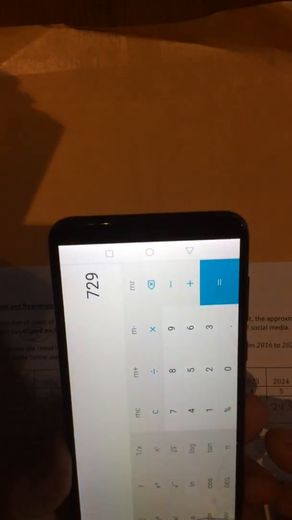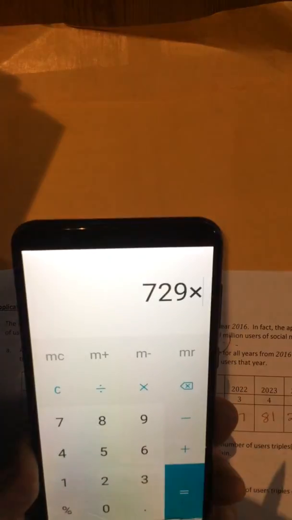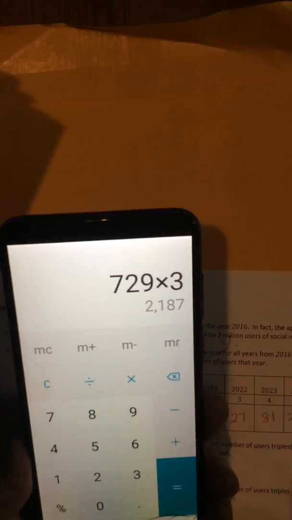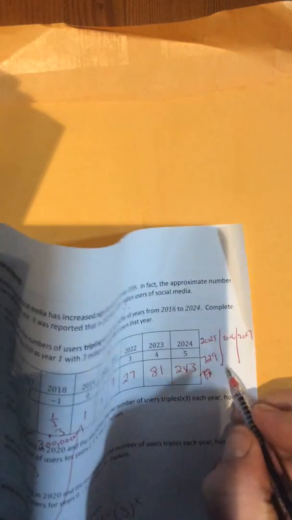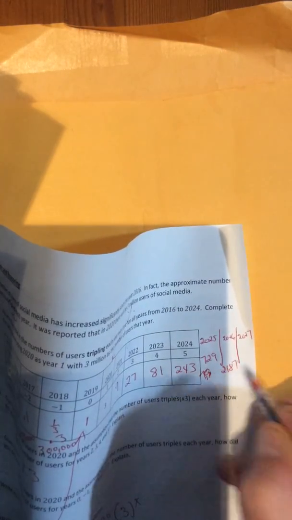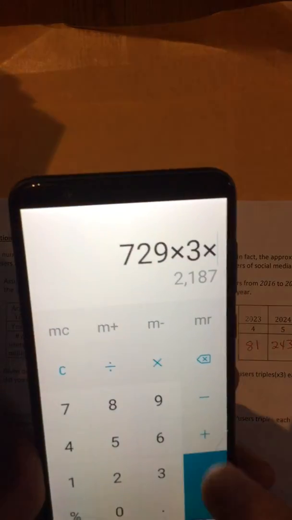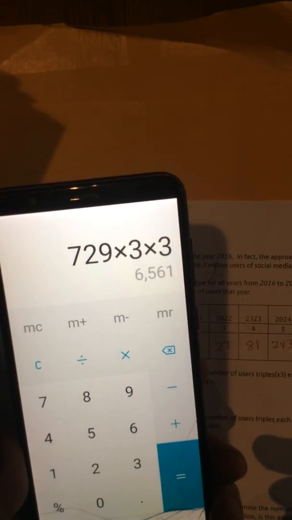Times 3 again, 2,187. And then the one we're looking for, times 3 again, 6,561.